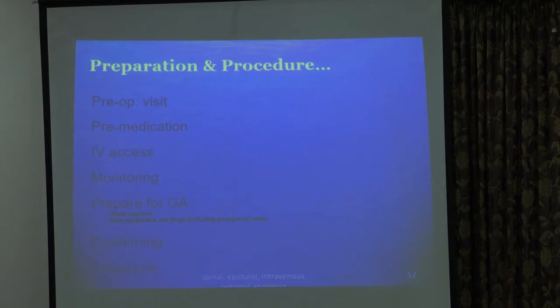Okay. So, in doing a spinal anesthesia, you must prepare your patients. Pre-medicate them with midazolam, which we usually do. Have IV access before you put a spinal in. There's nothing like a small spinal.